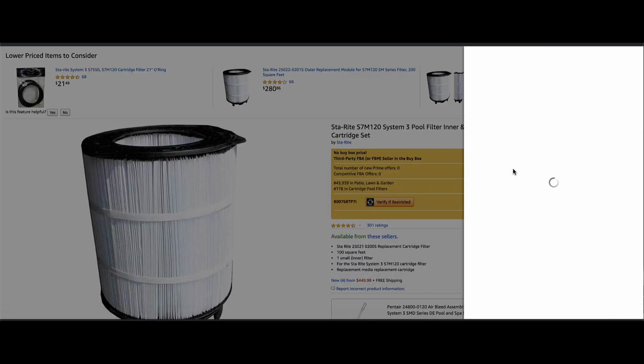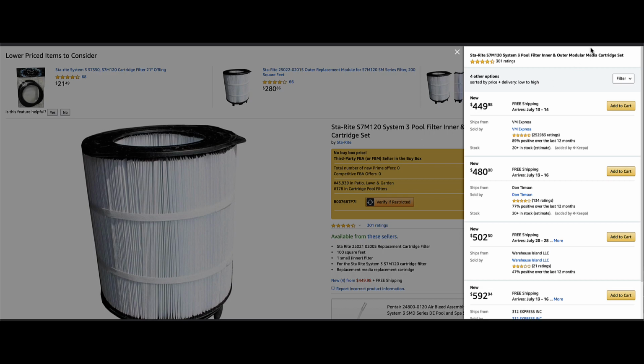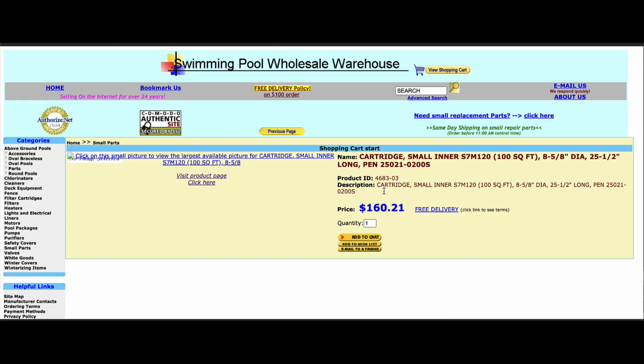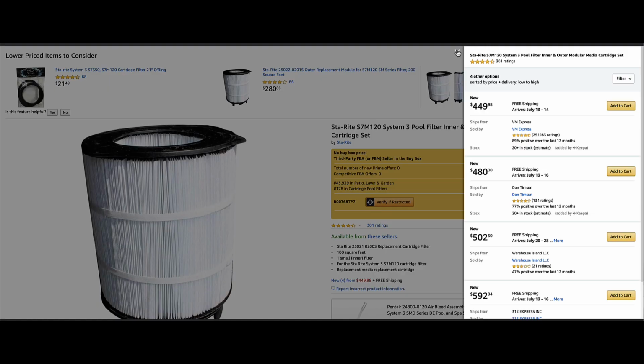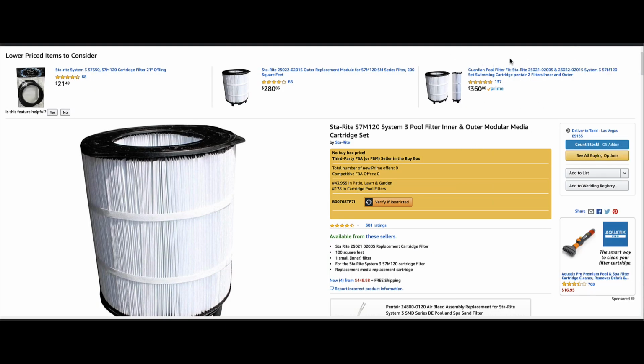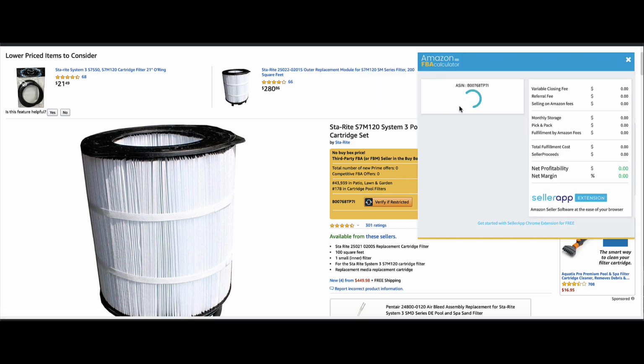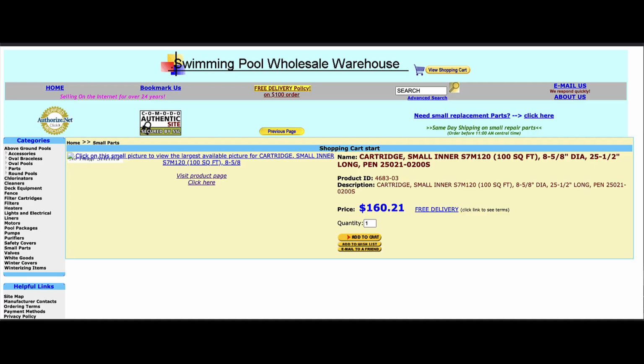They're selling for like $450. Is that the same thing that I get for this 4683-03 for only $160? And if they say, yeah, $160.21, and it's selling for $450, you can come over here. Let's see, it's selling for $450, and we said it was $160.